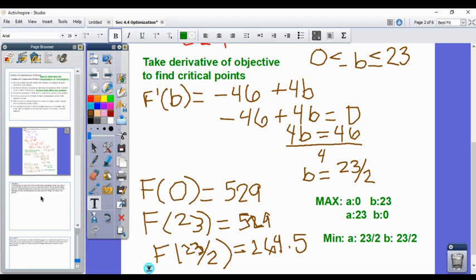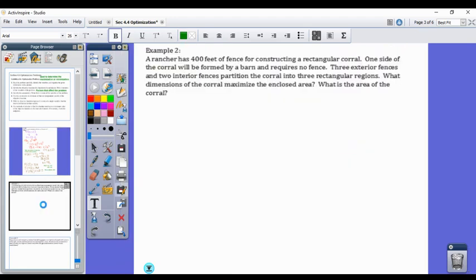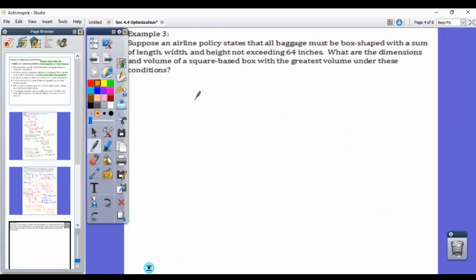Okay, so let's do another example. So in this case, we have an airline policy that states that the baggage has to be box shaped with a sum length, width, and height not exceeding 64 inches.